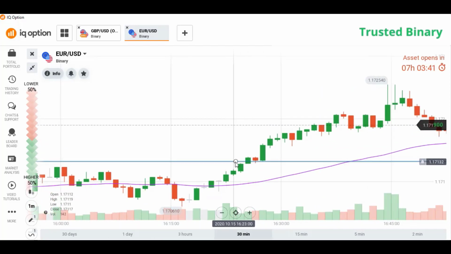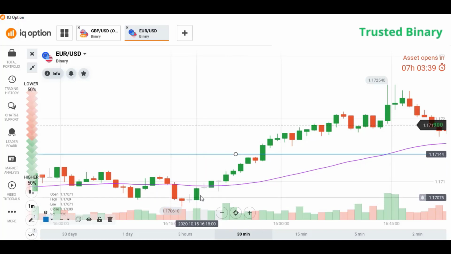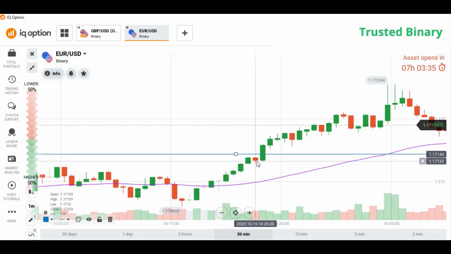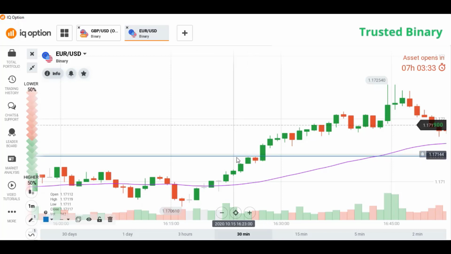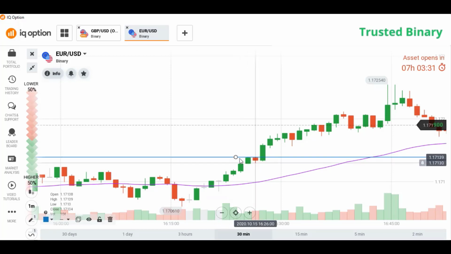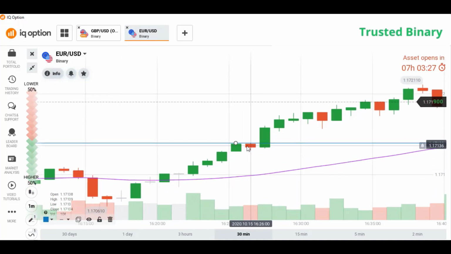This is a strong uptrend. Suddenly we found this type of bearish candle. This is called an inside bar. The lower wick didn't cross the opening price of this bullish candle. So what happened? The next candle strongly goes up.